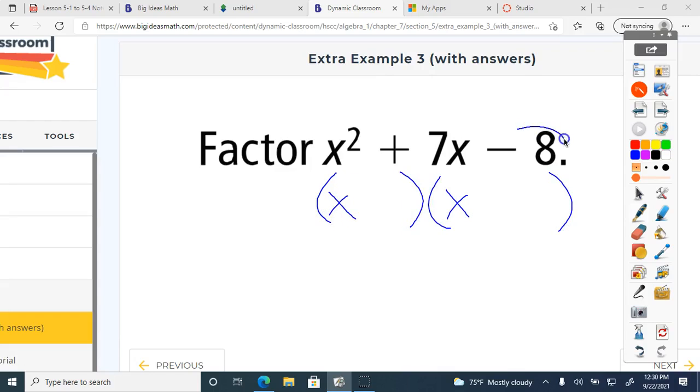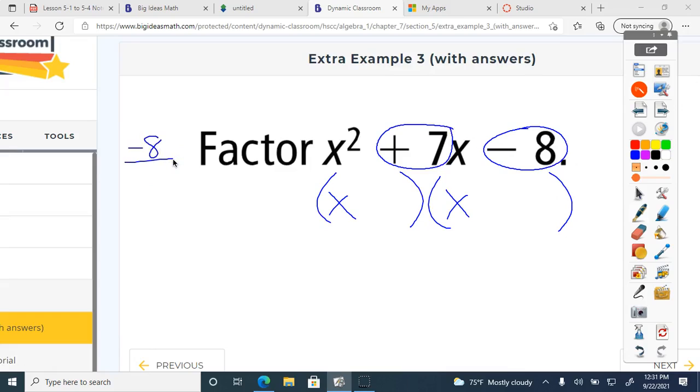What two numbers multiply to be negative 8 and add up to positive 7? Does 1 times 2 equal 8? No. Oh, it's 2 times 4.